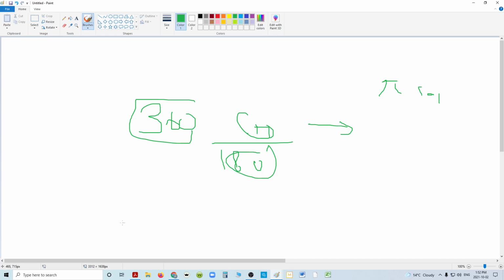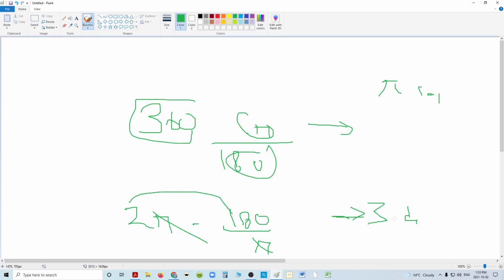The reverse is true. If I have 2 pi and I want to get to degrees, I want to multiply by 360 over 2 pi so that this cancels out. Or the short form is 180 over pi. And this way, the pi will cancel out, and I'm left with 2 times 180, 360.